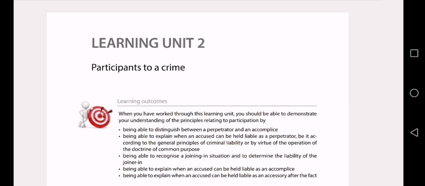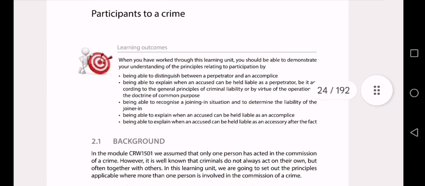Being able to recognize a joining in situation and to determine the liability of the joiner in. Being able to explain when an accused can be held liable as an accomplice. Being able to explain when an accused can be held liable as an accessory after the fact.